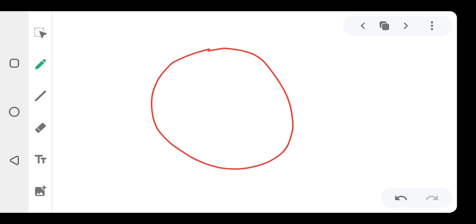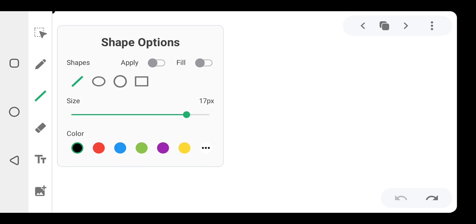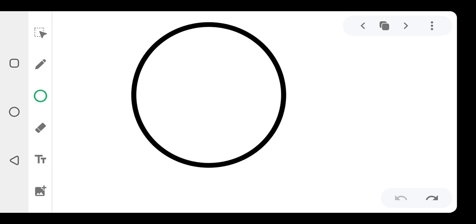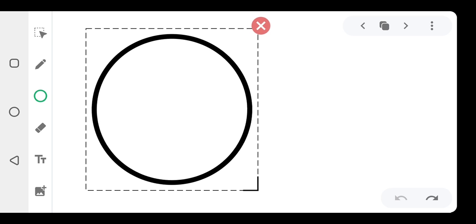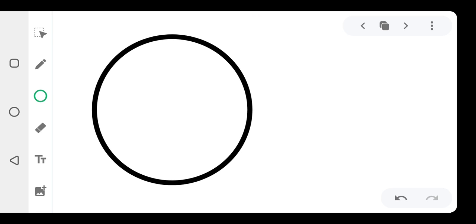Let me use a better circle. Before that, let me quickly write what I want to say.